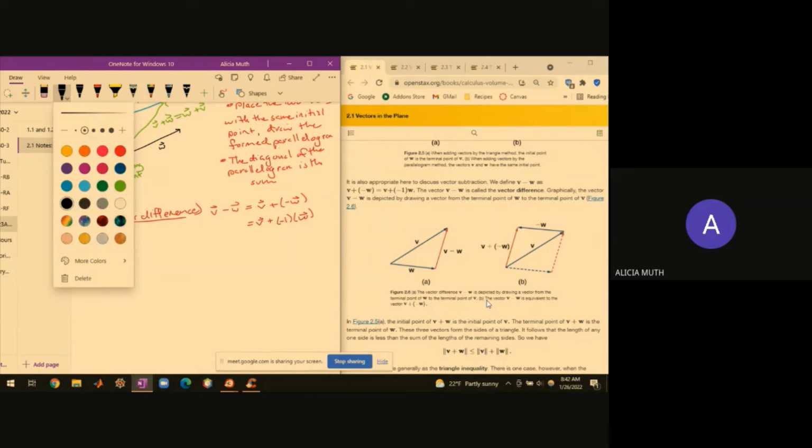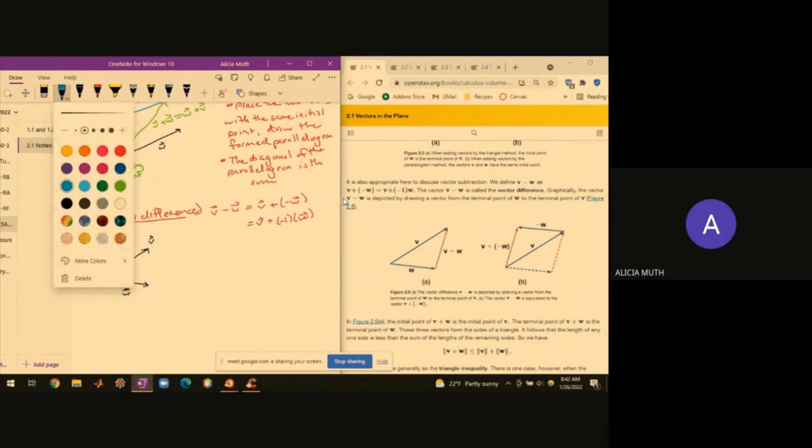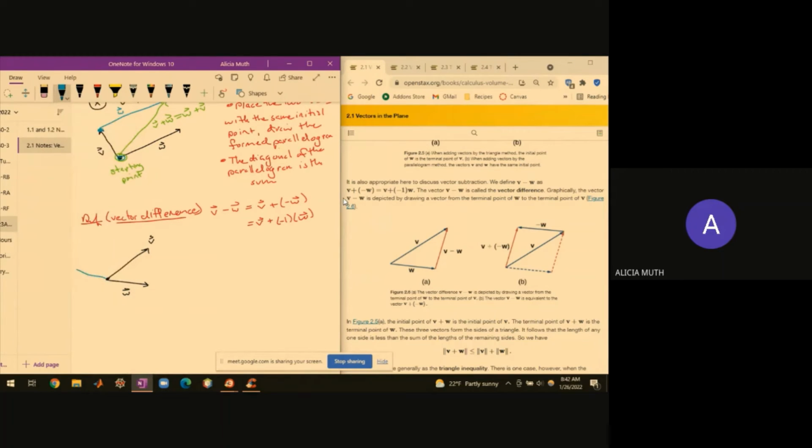All right, and so what we end up with is that if we have our vector v and we have our vector w, right? Well, we said that negative w means that basically what we're doing is flipping it, right? So negative w would have the opposite direction but the same magnitude. So v plus negative w, the way that our addition works is that I'm going to take this negative w up to the point of v and make sure everything's parallel, right?